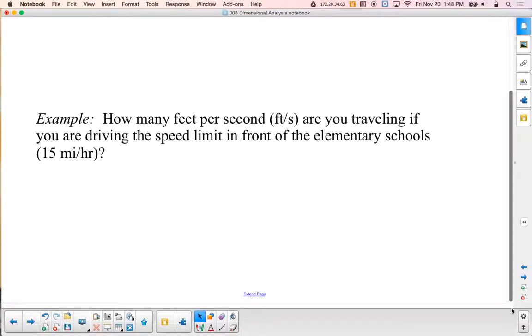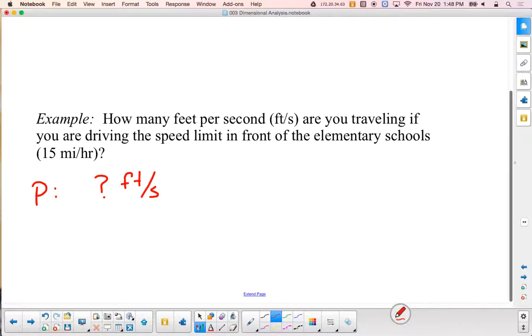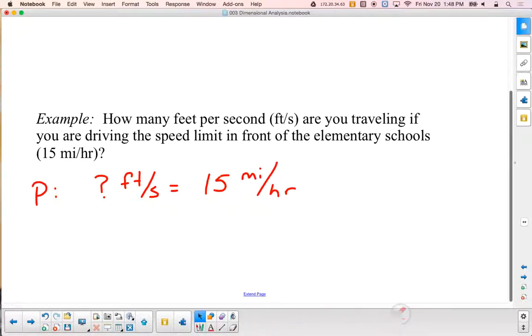Let's try this. Let's say we are driving the speed limit in front of the elementary schools. I want to know how many feet per second I'm traveling if I'm going 15 miles per hour. Let's just have it as two separate thoughts. In the numerator, I need to go from miles to feet.